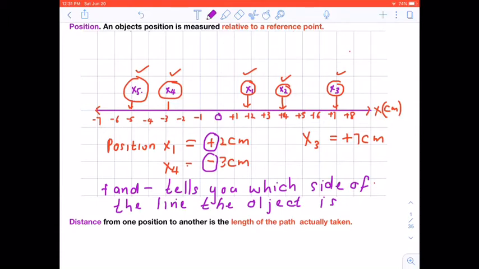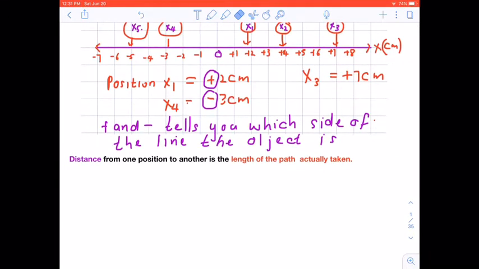Now, let's look at the concept of distance. Distance, from one position to another, is the length of the path actually taken.